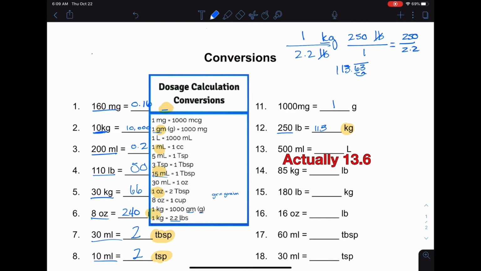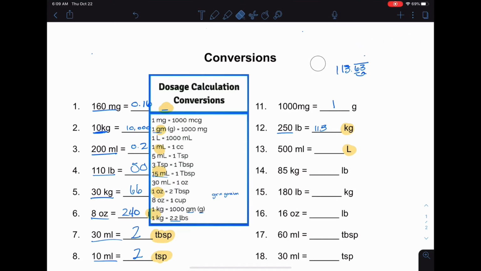All right, number 13. Mils to liters. If we look at our conversion chart, we see that 1 liter is equal to 1,000 mils. We're trying to work towards liters. So that's going to be my starting point.